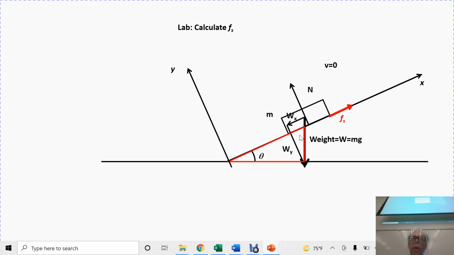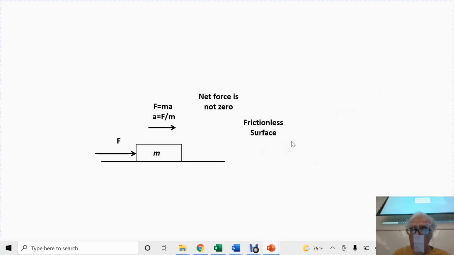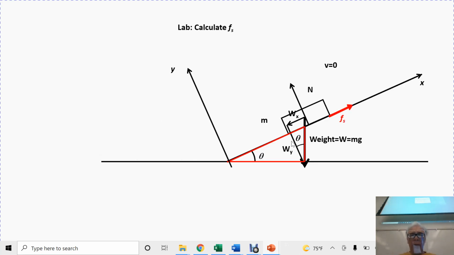In this right angle triangle, this angle is 90 minus theta. Consequently, this angle is 90 minus theta, and consequently, this angle must be theta as well. So Wx must be equal to mg sine of theta, and Wy should be equal to mg cosine of theta. Okay? So let's set up the equations now.